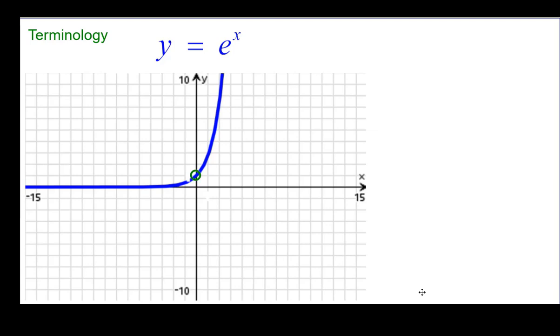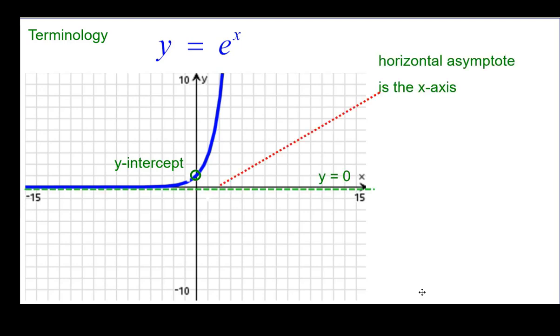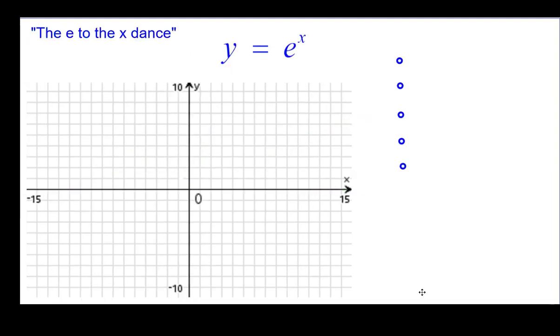Some terminology, we've got a y-intercept on it. And like we just mentioned, we also have a horizontal asymptote, the x-axis, the line y equals 0. For the e to the x graph, we're going to have 5 points, starting with the y-intercept. When x is 0, y is 1, e to the 0 is 1.